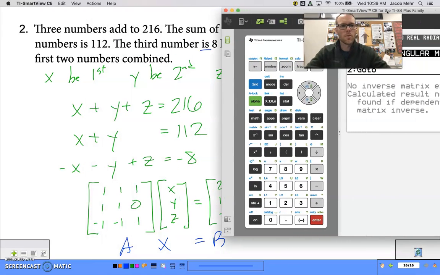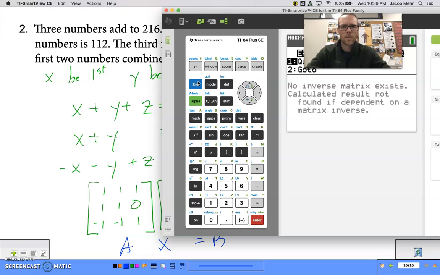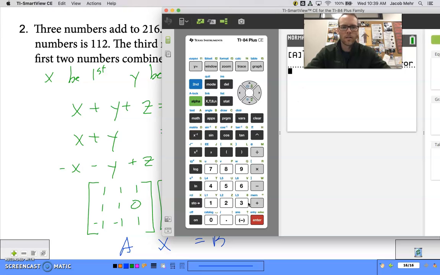Why could no inverse matrix exist? Let's go back and look at our matrix again. So let's hit quit. Second matrix. Let's make sure I typed it incorrectly. 1, 1, 1, 1, 1, 0. Negative 1, negative 1, 1.